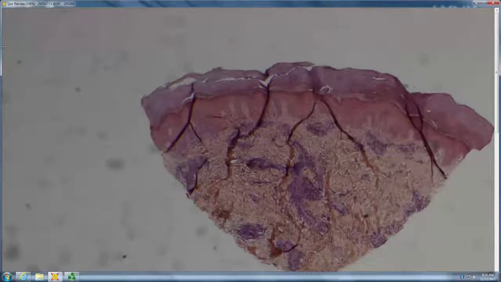Superficial and deep, and the infiltrate with the eosinophils and lymphocytes. Yep. And so, how about the lumen of the vessel? Oh, it's swollen. Yeah.